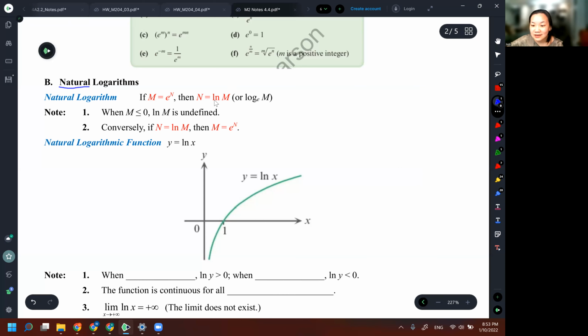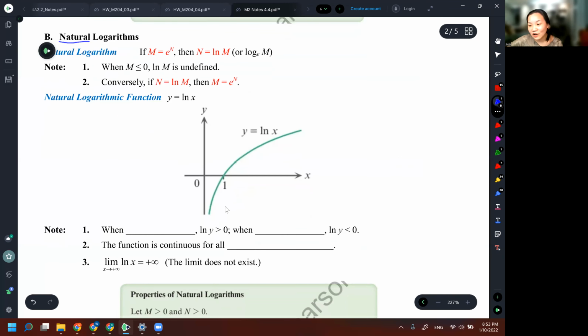Please note that in this definition, m cannot be negative or zero. If m is negative or zero, then log m is undefined. It's the same as other logs. Conversely, you can write it backwards: if n equals ln m, then m equals e to the power n.